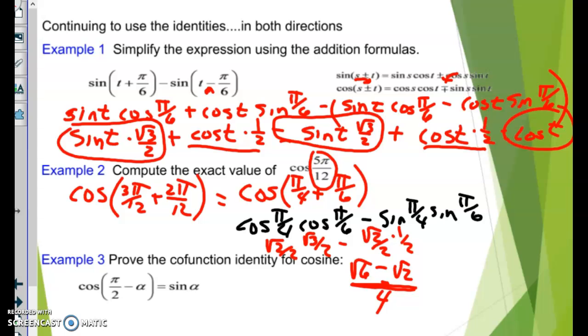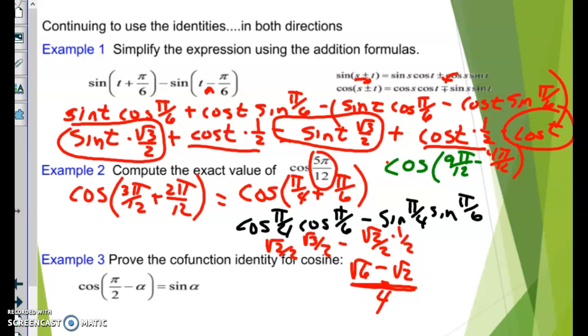Now, there's an interesting thing here. What happens if I would have picked different numbers for my cosine? If I would have said something like cosine of 9 pi over 12 minus 4 pi over 12 and used a subtraction formula, would I have gotten a different answer?